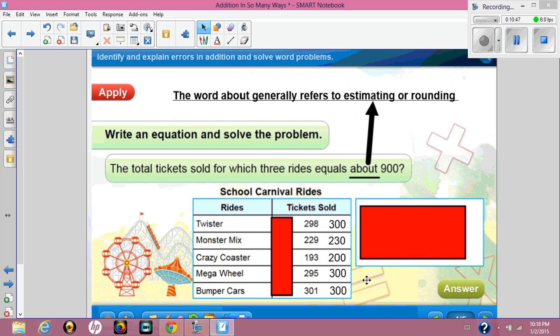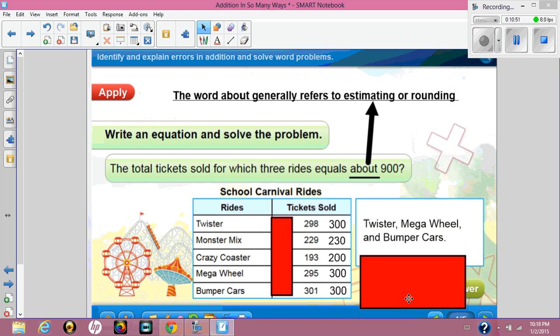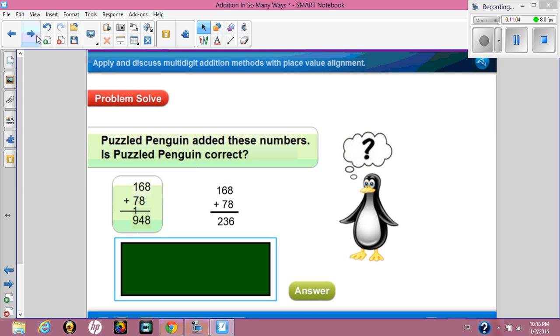So twister, mega wheel, and bumper car all should, we're correct, bumper cars. So adding those together using the rounding method found our answer correct.